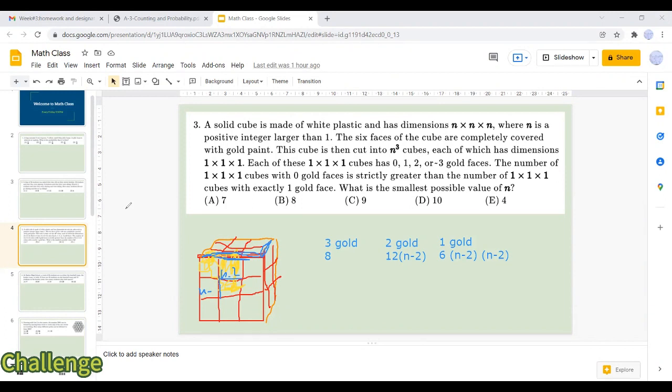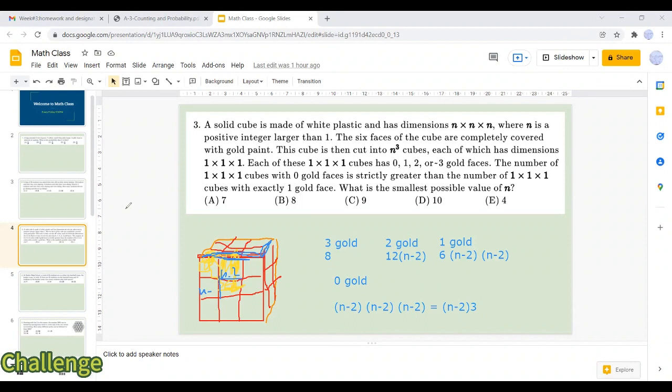So n minus 2 cubed is going to be greater than 6 times n minus 2 squared, or yeah, I'll just write it as a square.